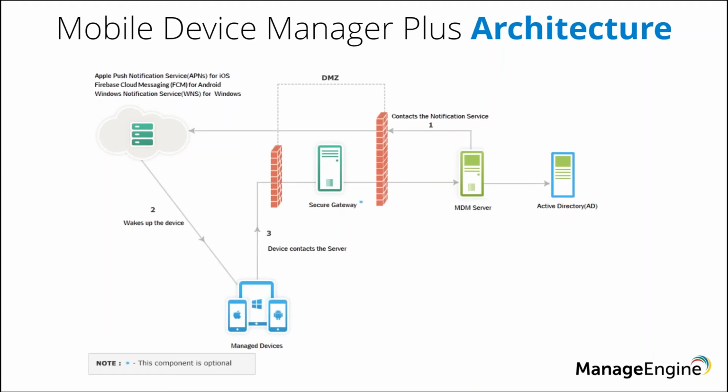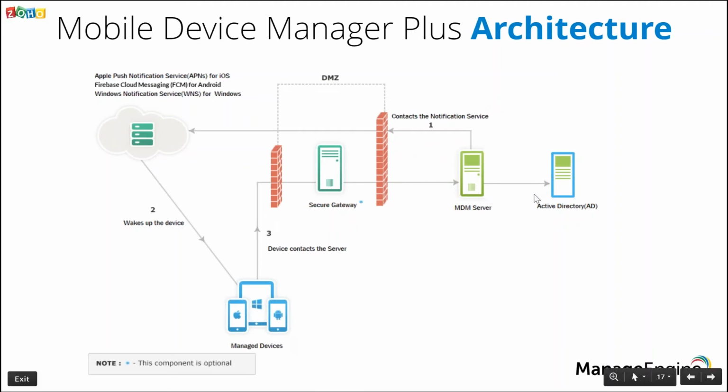The architecture of MDM is a universal architecture, is what I would call it. Any MDM solution would have to follow this particular architecture. And this has three main components. First one would be the MDM solution that is provided by us, followed by the notification services that are provided by your vendors. And the third one would be the managed mobile devices itself, the devices that you have purchased for your company.